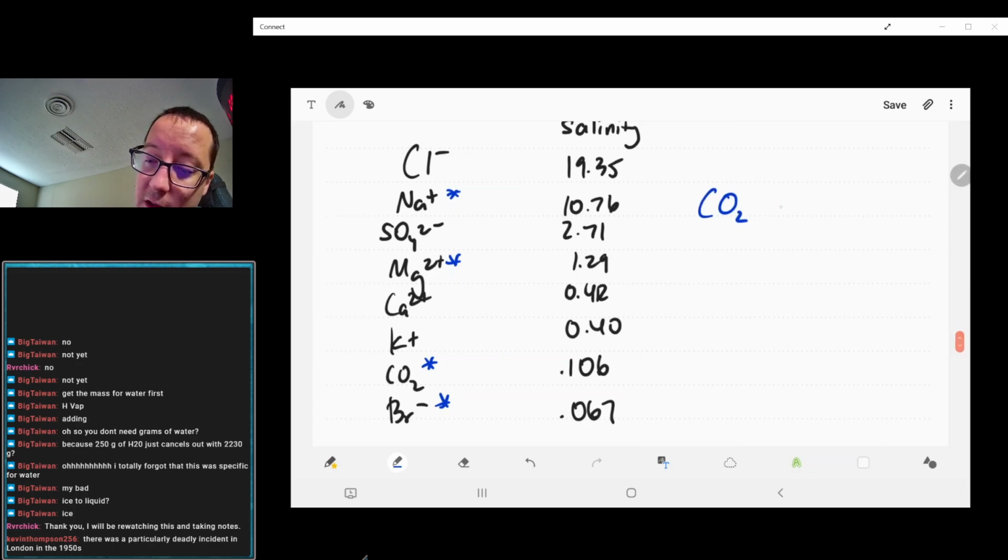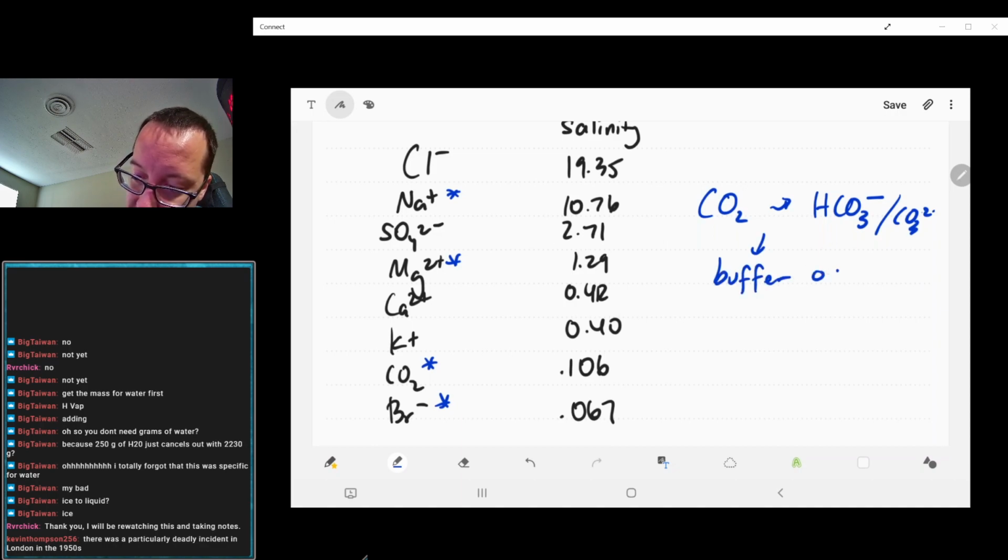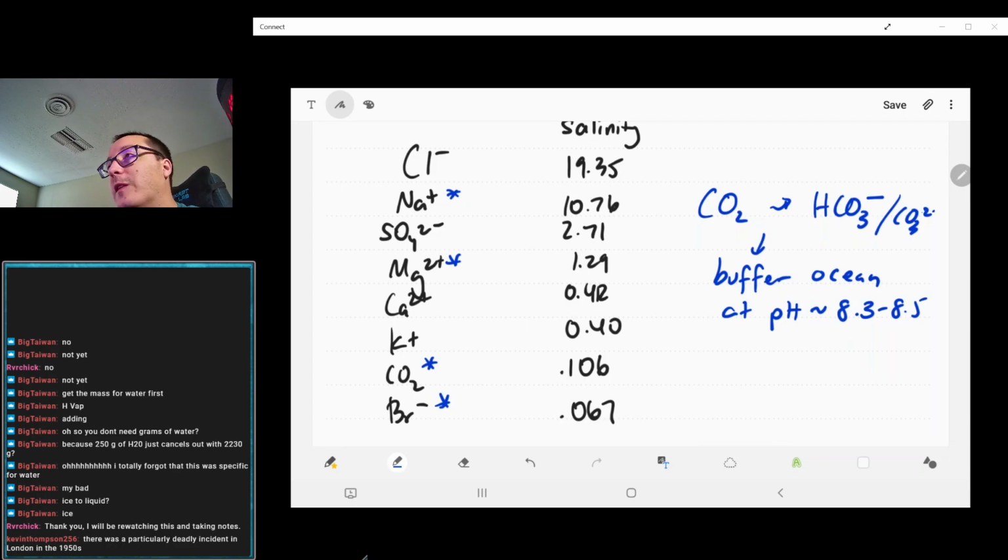Carbon dioxide is often going to be as the bicarbonate and carbonate forms, which we have learned last chapter can form a buffer. And these will help to buffer the ocean. I think it's about 8.3 to 8.5 or so is where the ocean's pH tends to lie.